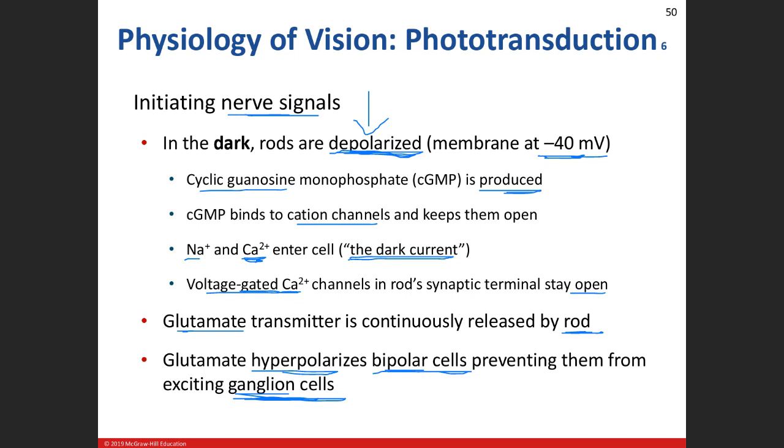So we're stopping an action potential before it can leave the eyeball, all because, thanks glutamate, it hyperpolarized the bipolar cells. And because it hyperpolarized the bipolar cells, we can't stimulate the ganglion cells, because the ganglion cells are the cells that are going to transmit that action potential to the optic nerve. Let me show you in a picture here.